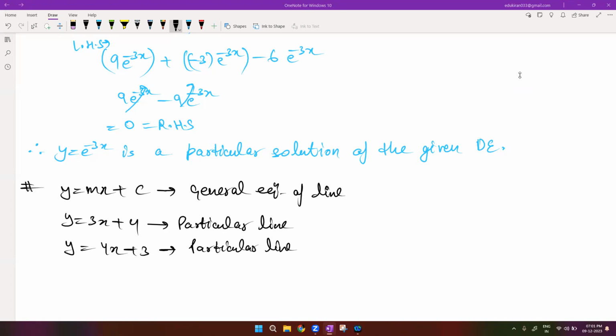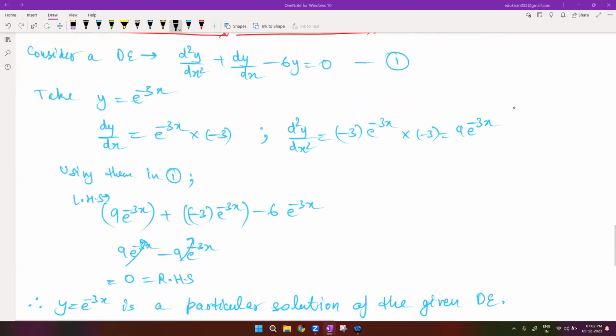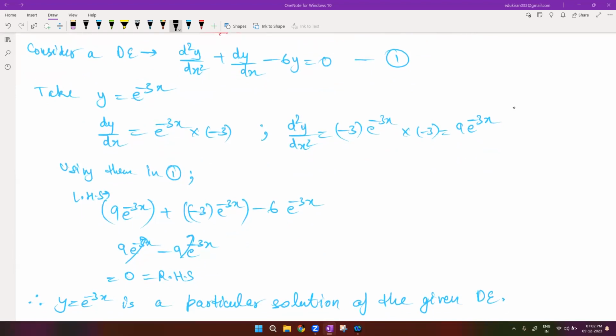So for example, let's take this differential equation only. d2y by dx square plus dy by dx minus 6y is equal to 0 is a differential equation given to you, right?